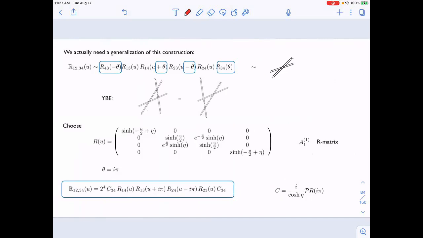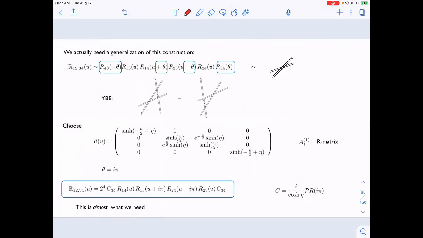And then this equation here becomes this one. And so this is now my definition of this blackboard R. And notice it doesn't have a tilde, so this is not quite what we need, but it's almost what we need.